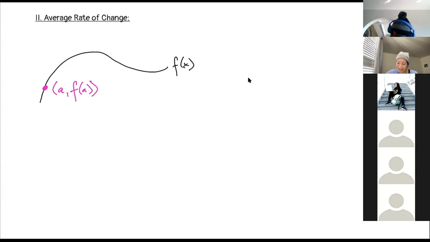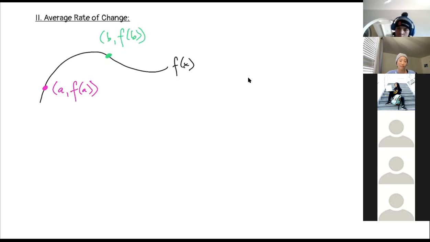Okay. Now, Yithan, you've jumped the gun here. You said, oh, we're going to talk about the second point. So let's put another point somewhere else on our function. We will give this point an X value of B, and then it follows that the Y value there is going to be f of B. Okay.